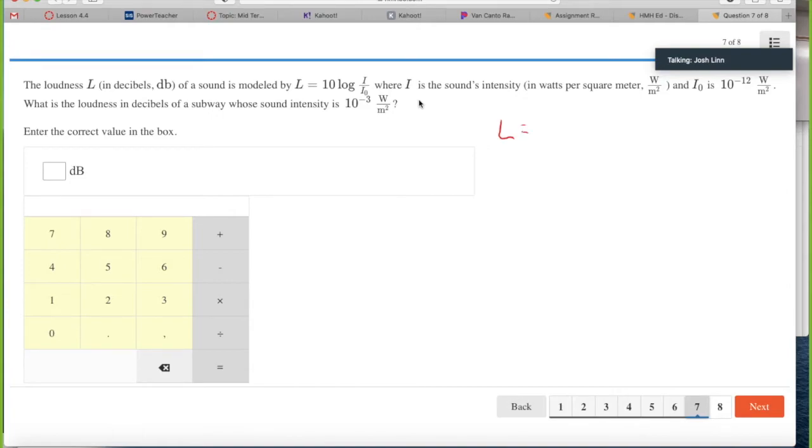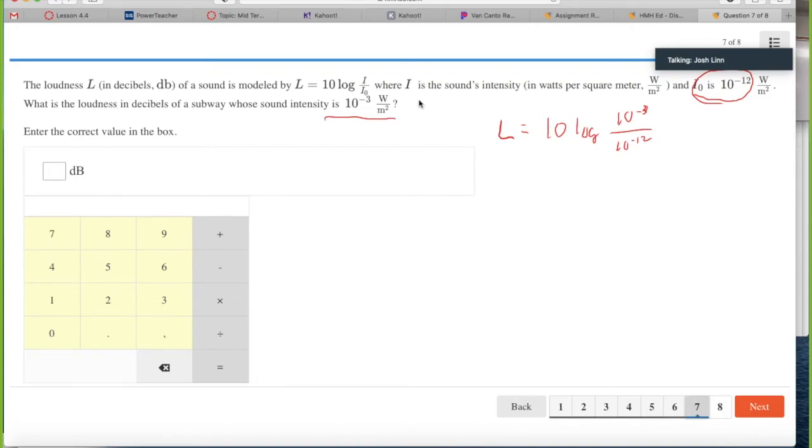L equals 10 log of I, which is right there, 10 to the -3rd over I naught, 10 to the -12th. This should be a 3.